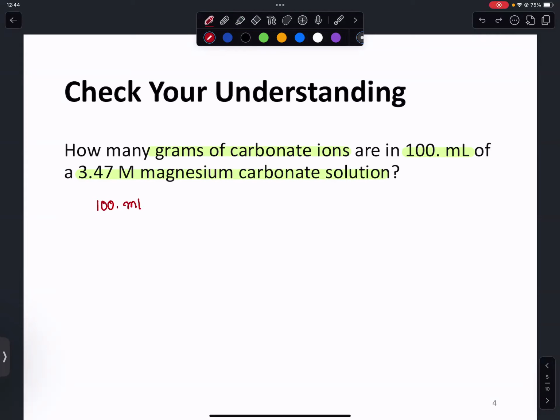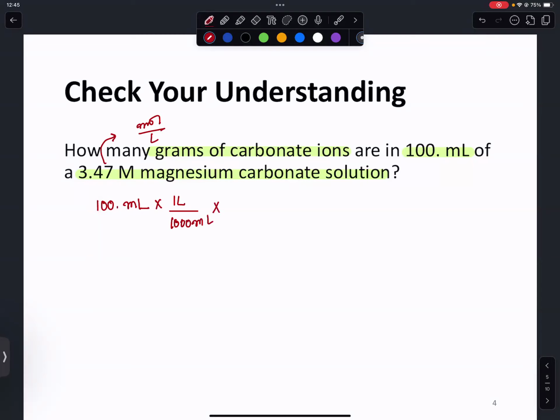Okay, and with the 100 milliliters, I can convert them to liters. Why? Because molarity is moles over liters. So I can say that in 1 liter, I have 1,000 milliliters.